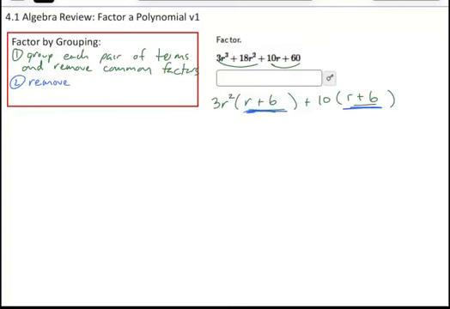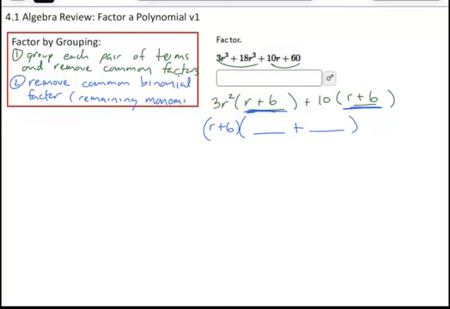So the next step here is to remove that common binomial factor. So I take that out front. And what's left is going to be the monomial factors that are in front of each group. Okay? And so when I look at this, these remaining monomial factors are going to be the terms of the other binomial.